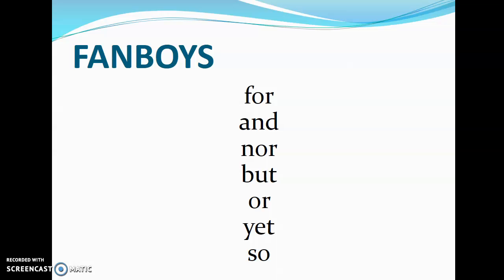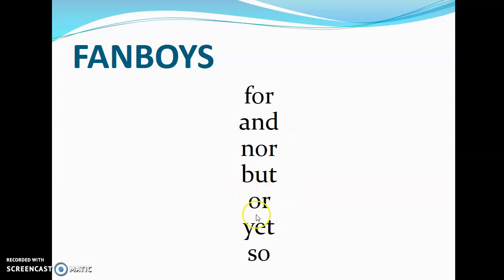So instead we say she didn't want this nor did she want that. But is when you have a contrast, a contradiction, when you're saying the opposite of the first sentence. For example, it is raining outside but we still played.